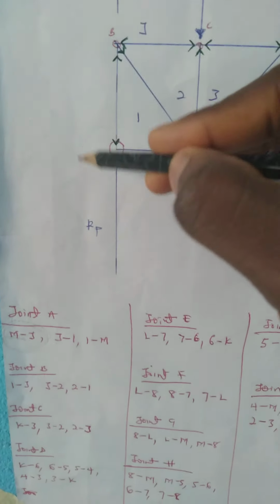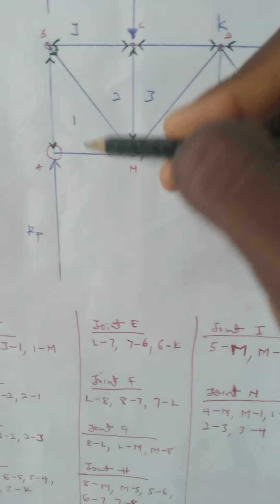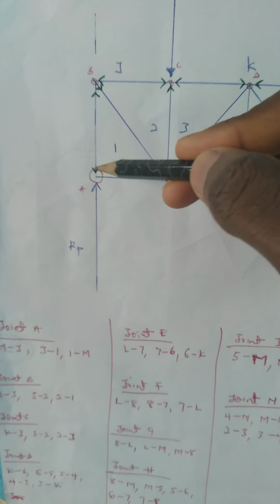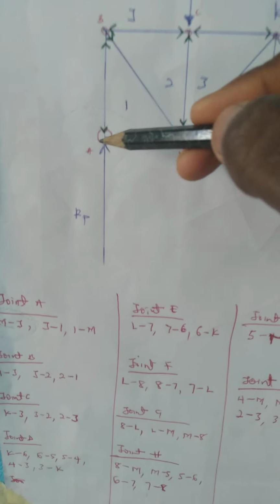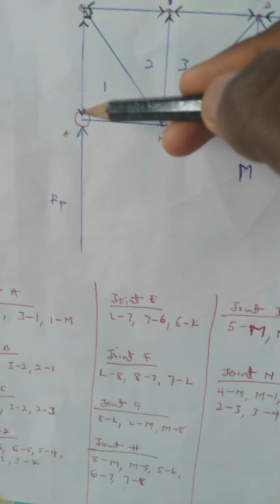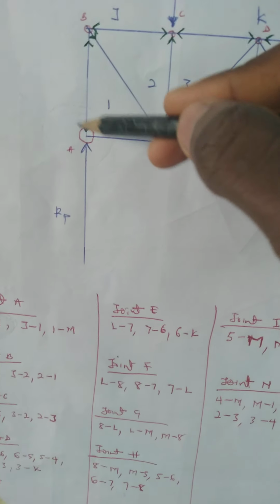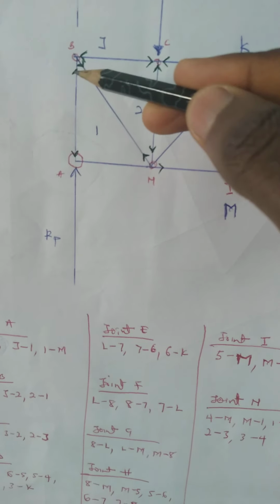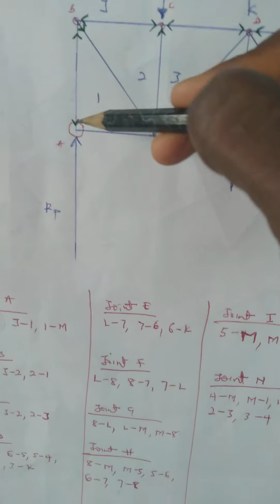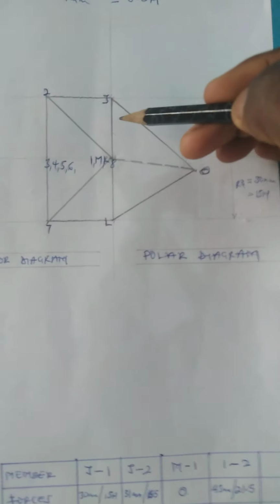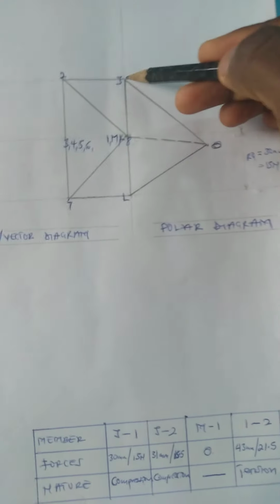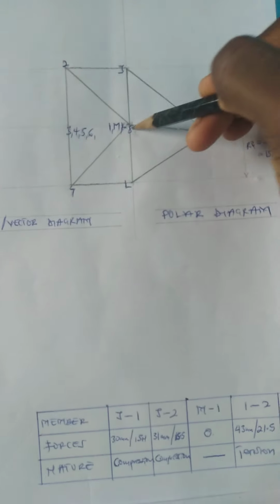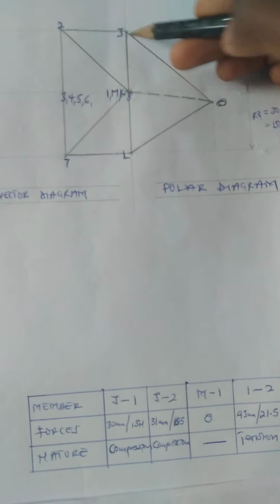Considering joint A, what is going to happen? There should be an arrow near joint A. And the question is, is that arrow pointing downwards or upwards? Here, realize the member was J1, and we moved from top to down.